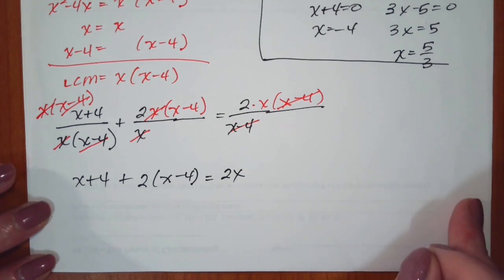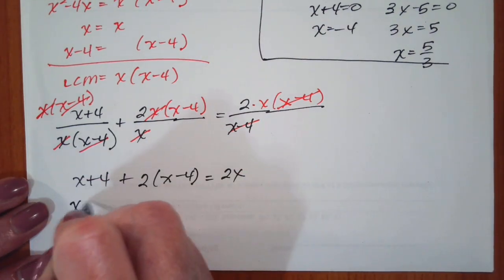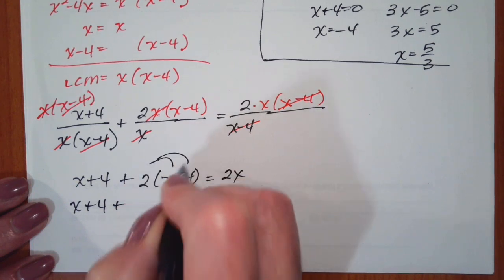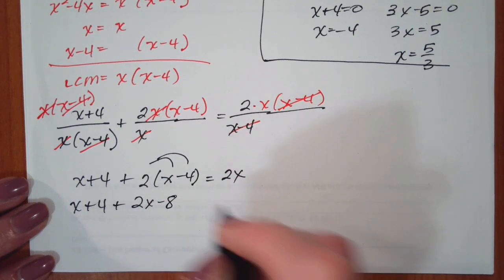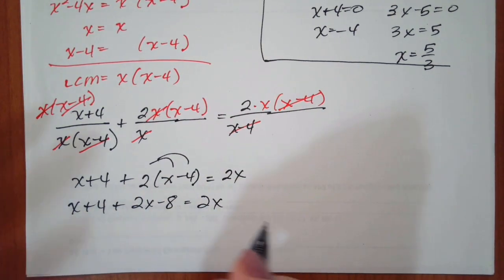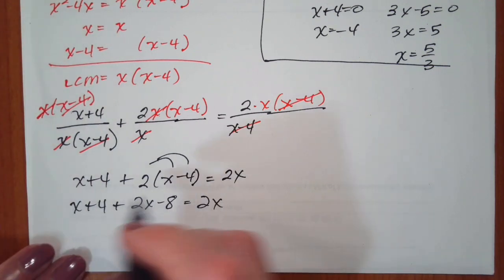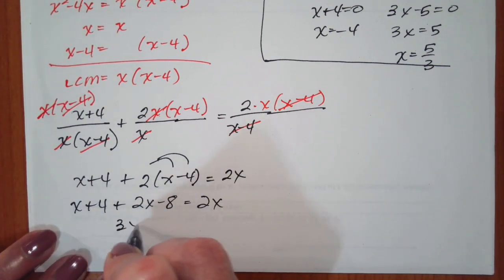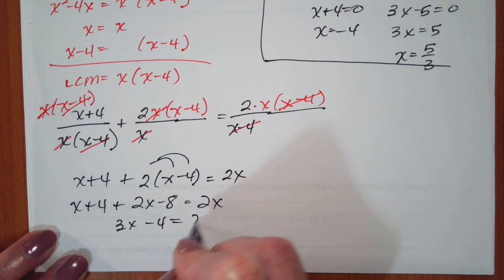Okay, this looks like it's going to be a linear equation, so I have x plus 4 plus 2x minus 8 is equal to 2x. So that gives me 3x minus 4 is equal to 2x.